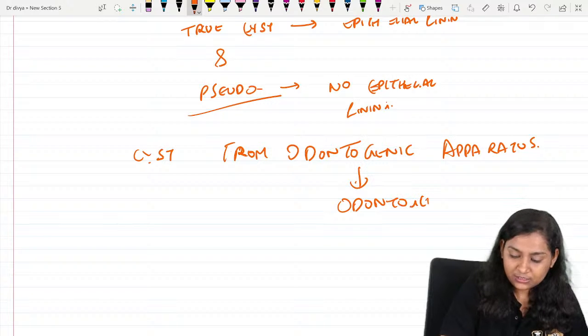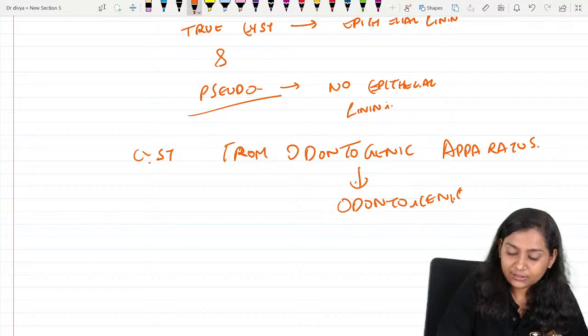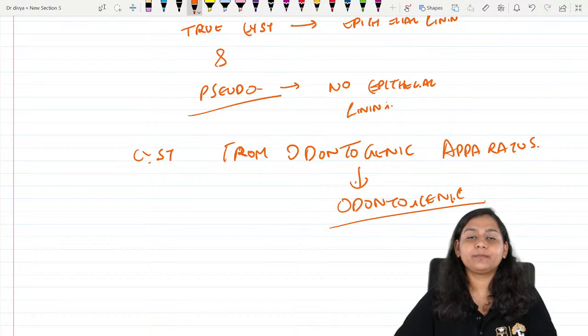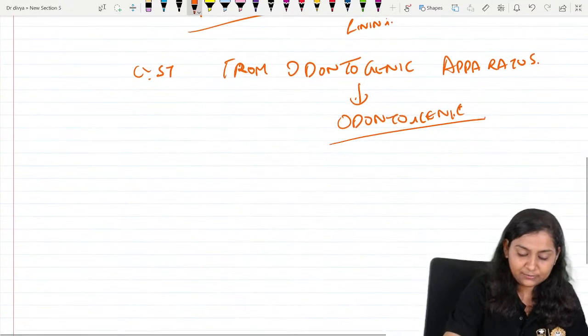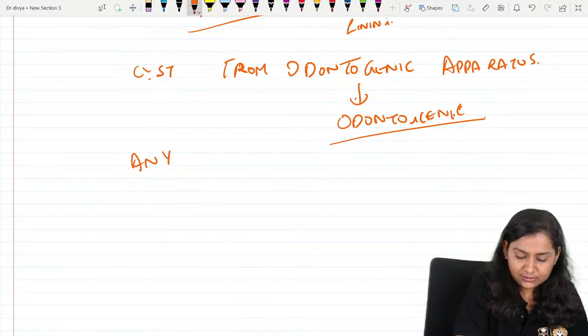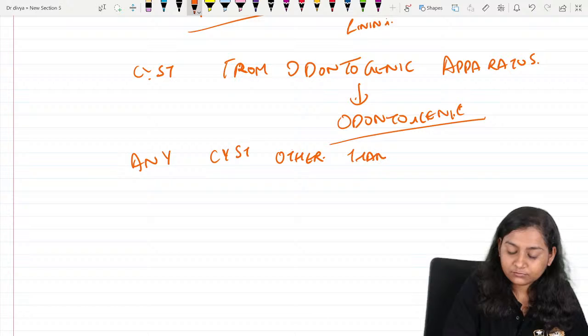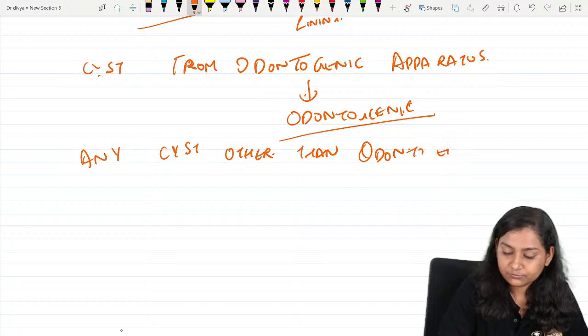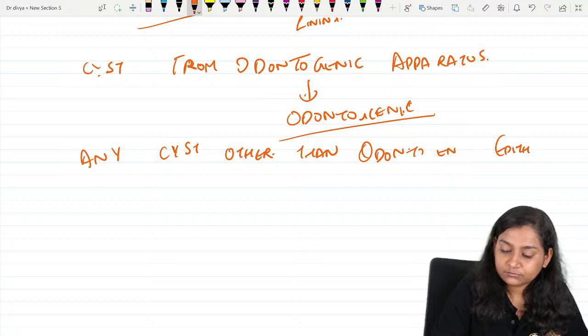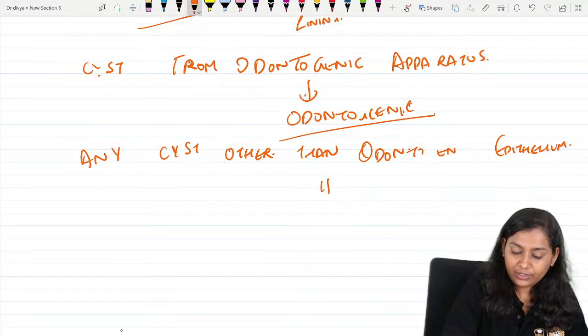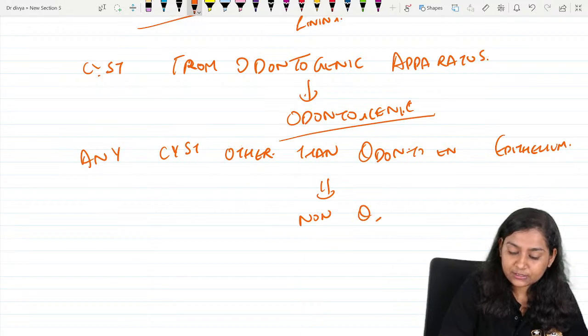While all other cysts which are derived from other than the odontogenic apparatus, that is, any cyst other than from odontogenic epithelium, will be called non-odontogenic cysts.